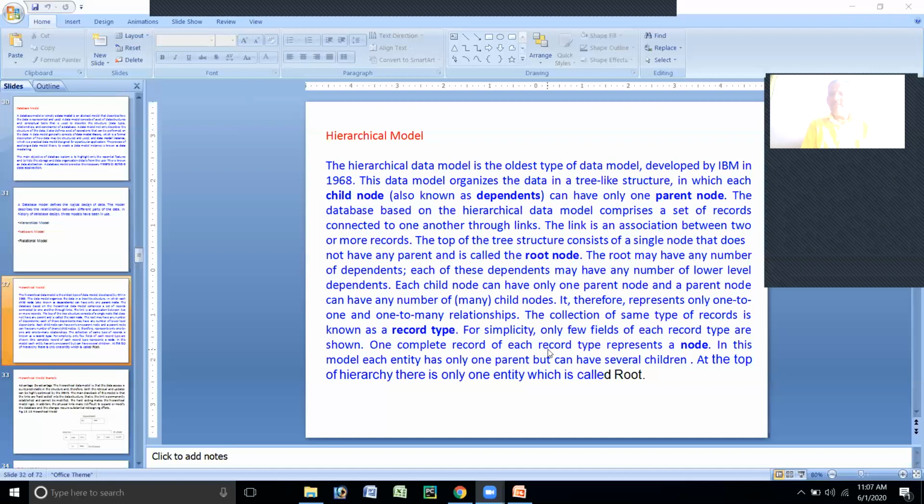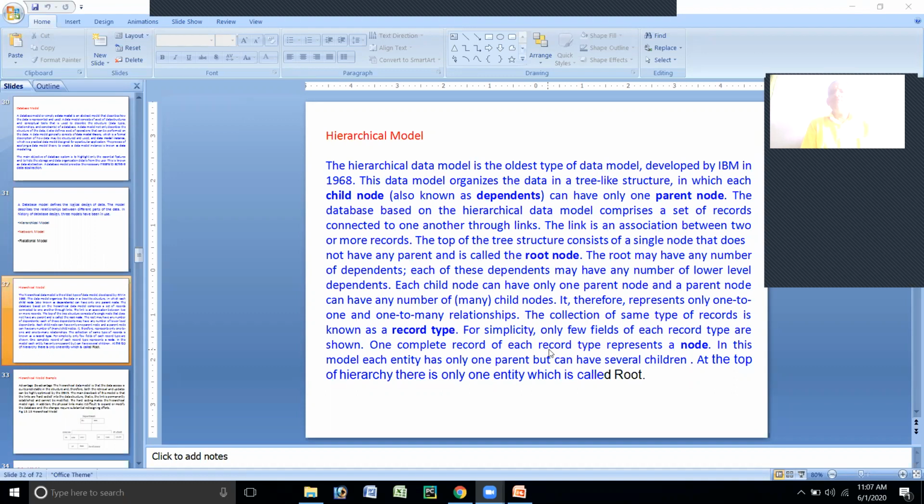Based on that concept, it represents only one-to-one and one-to-many relationships between the records. This hierarchical model uses one-to-one and one-to-many relationships. One child, one parent: that is a one-to-one relationship. One parent has many children: a one-to-many relationship.